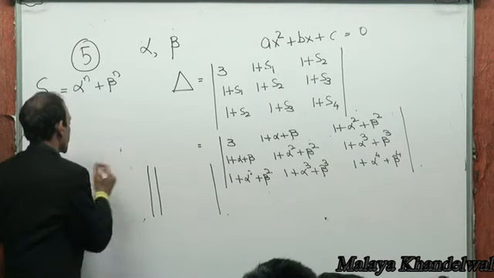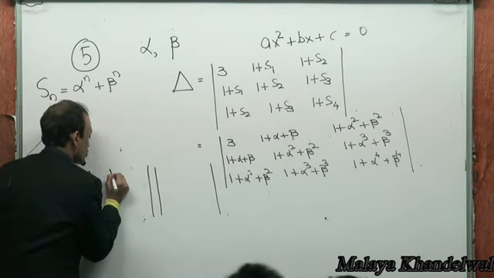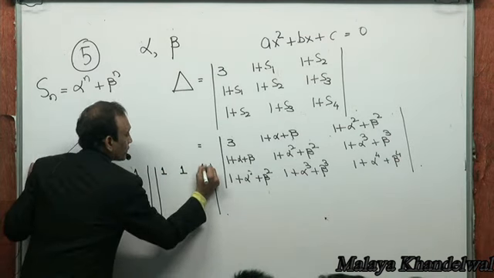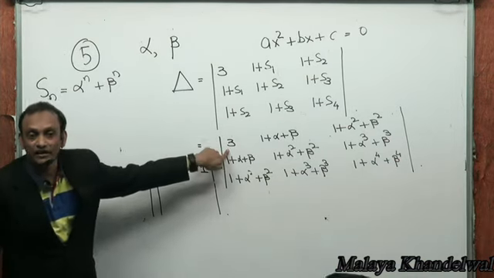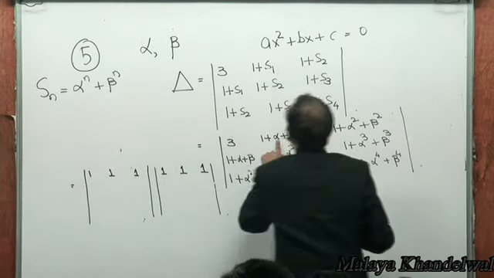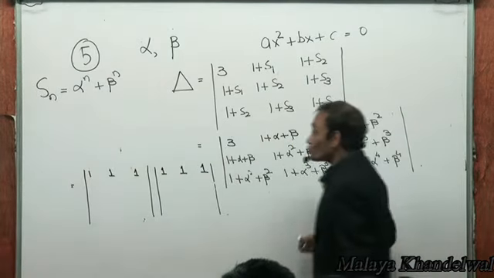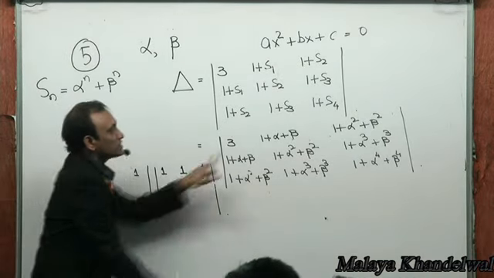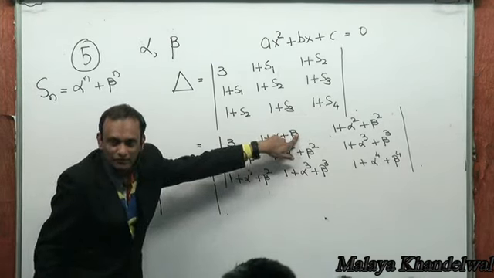Let me explore that. So the first row I populate with ones with an attempt to get a 3 here. Now the second one is 1 plus alpha plus beta. So what I try and do is this with the second row of this is likely to give me 1 plus alpha plus beta.